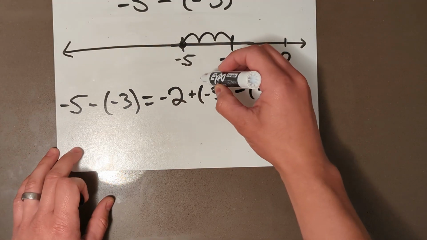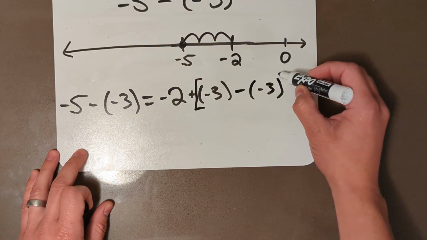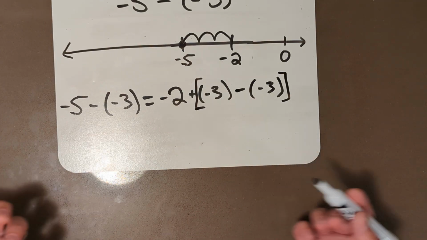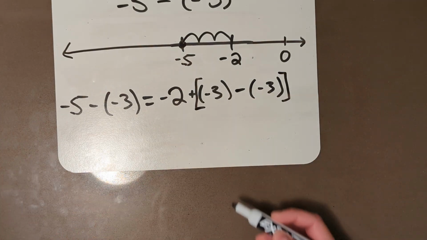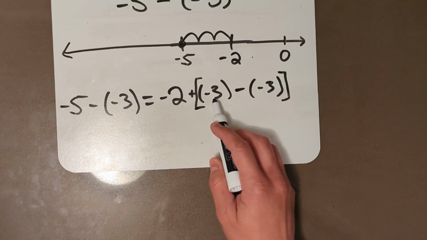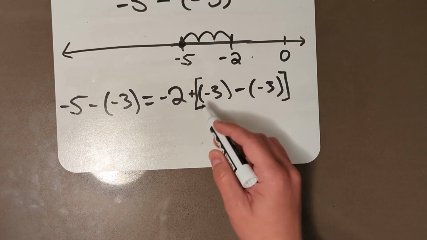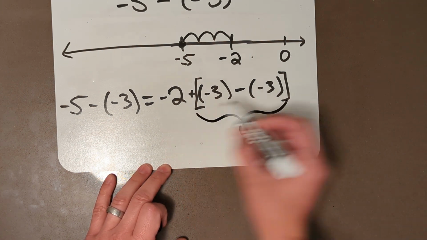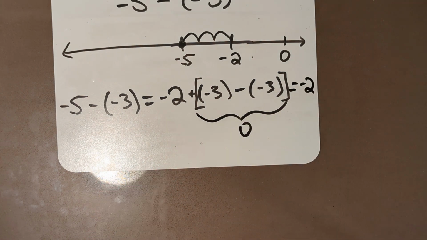And then what we're essentially doing here is, if we have -3 and we want to take that away, anything, right? It doesn't matter what these numbers are. If we have that quantity and we subtract that same quantity away, what we'll be left with is 0. So then we're just left with that -2.